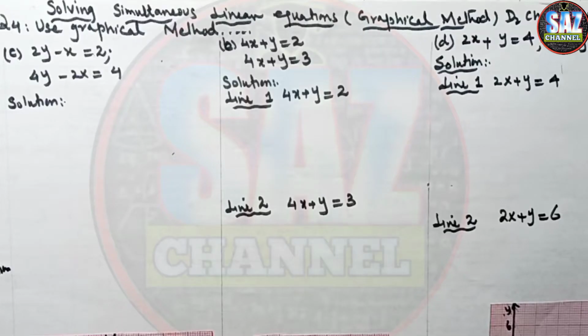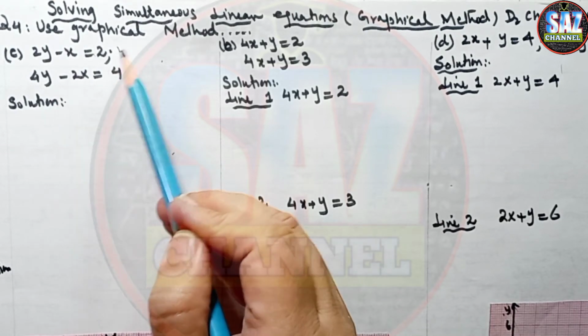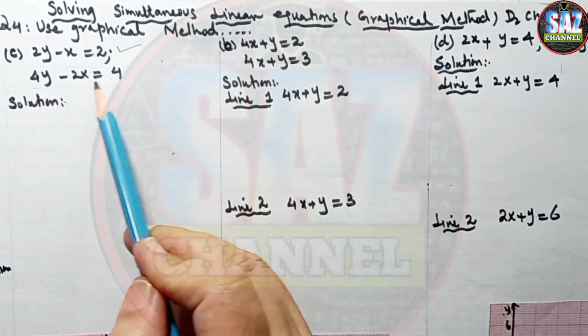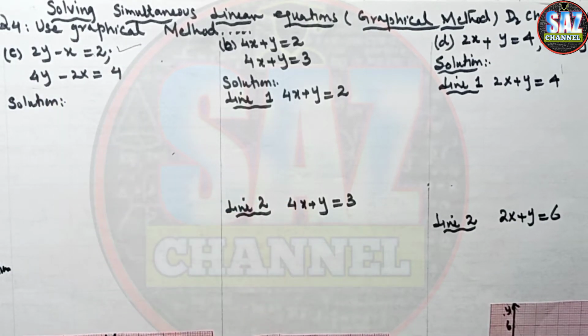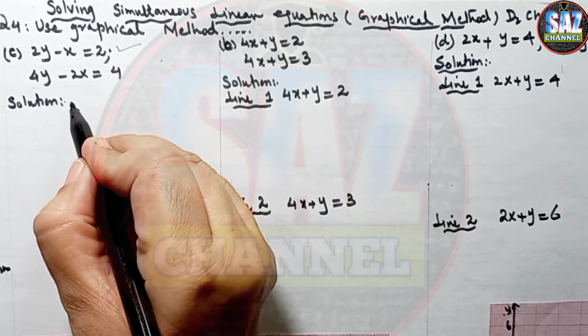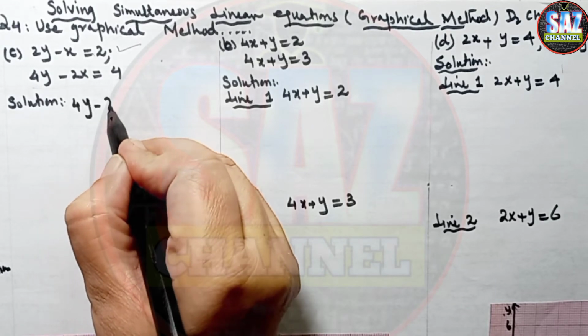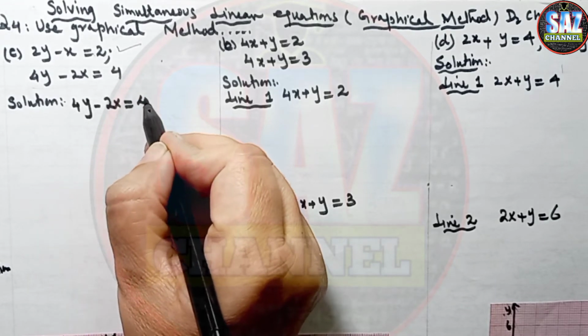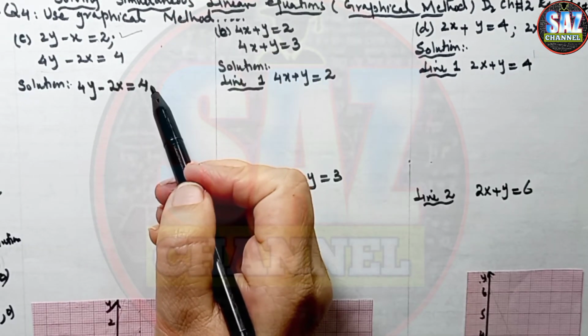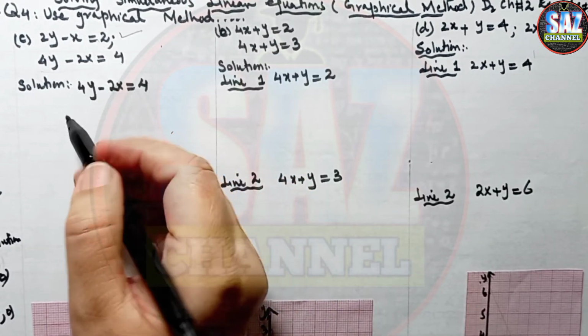Let's move to part C of the question and read and observe the question carefully. The first equation is 2y minus x equals 2, and the second equation is 4y minus 2x equals 4. First of all, we need to make this equation into simplified form.